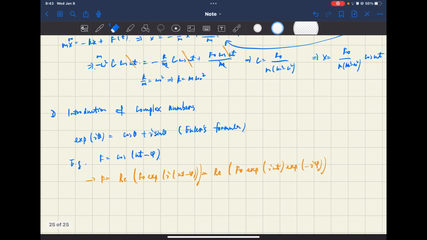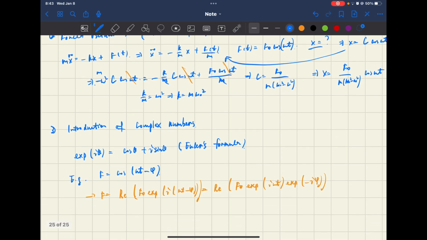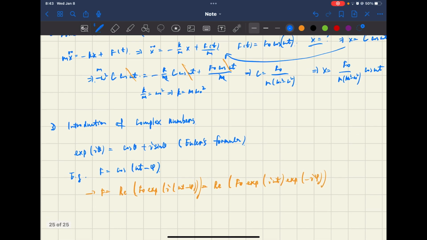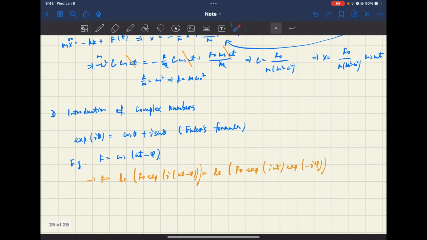Okay, so now we can write the external force, because it involves cosine function. So we see here only the sine function involves the imaginary unit i.